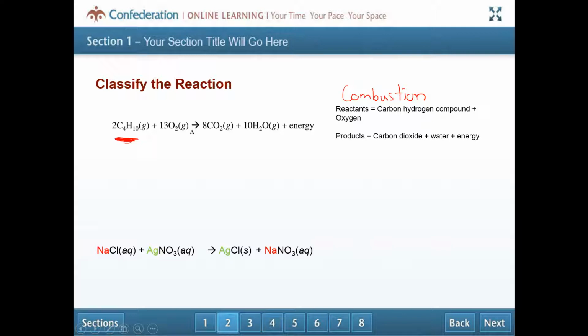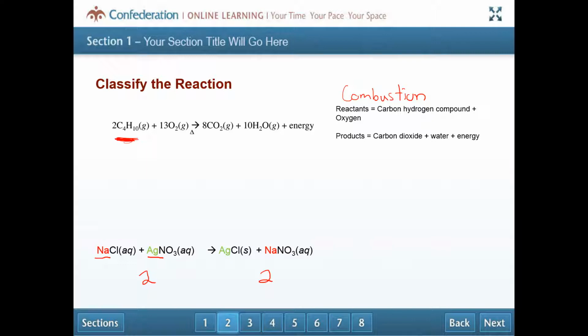All right, let's look at the next one here. So here we've got 2 products, 2 reactants. So we know it's not going to be combination or decomposition. So we know it's going to be a replacement reaction, and we just have to figure out whether it's going to be a single or a double replacement reaction. So if you look, we've got a compound here and a compound here.